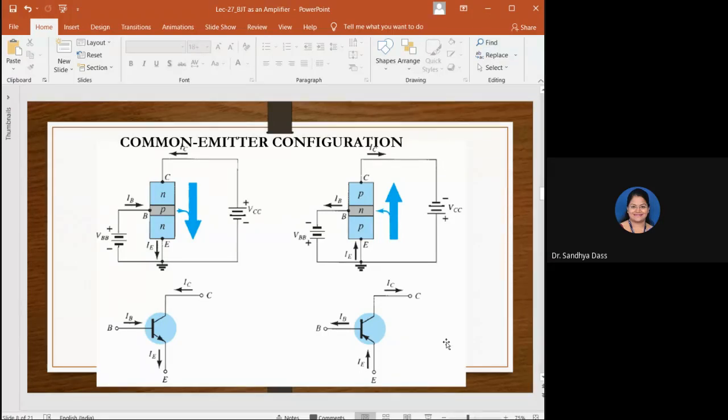Output current by input current. Now, the current gain in common emitter configuration. Can anyone give me the current gain here? How can we define current gain for common emitter? Output current by input current. IC by IB.